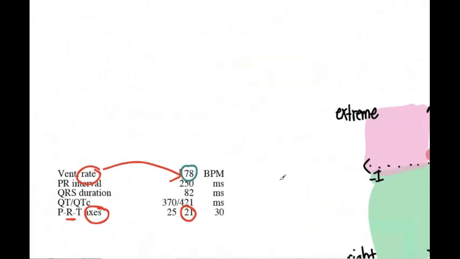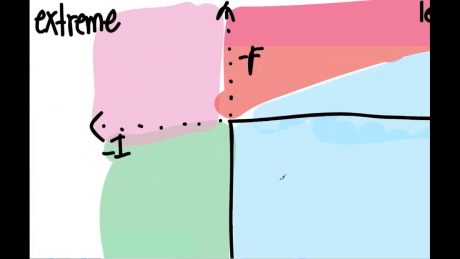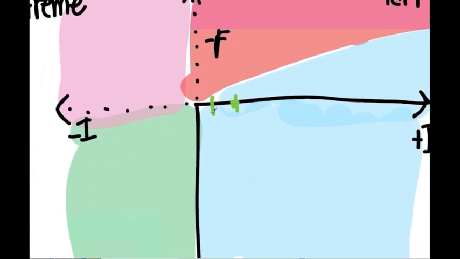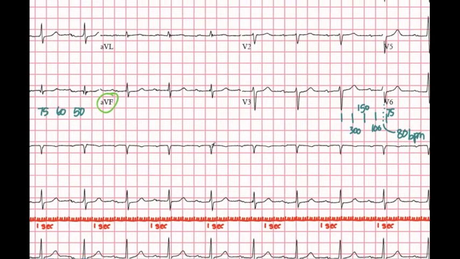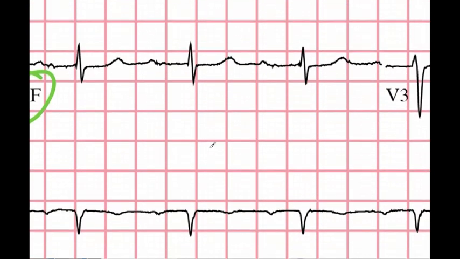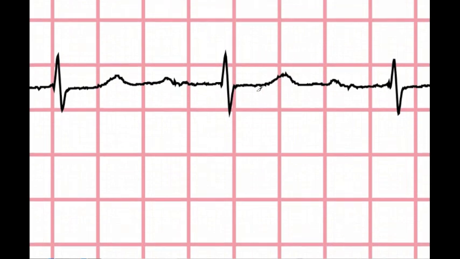Let's go to our axes then and plot that. So we said that we are positive 2 on lead 1. Now let's see where we are on the F axis. Let's do a similar thing here.